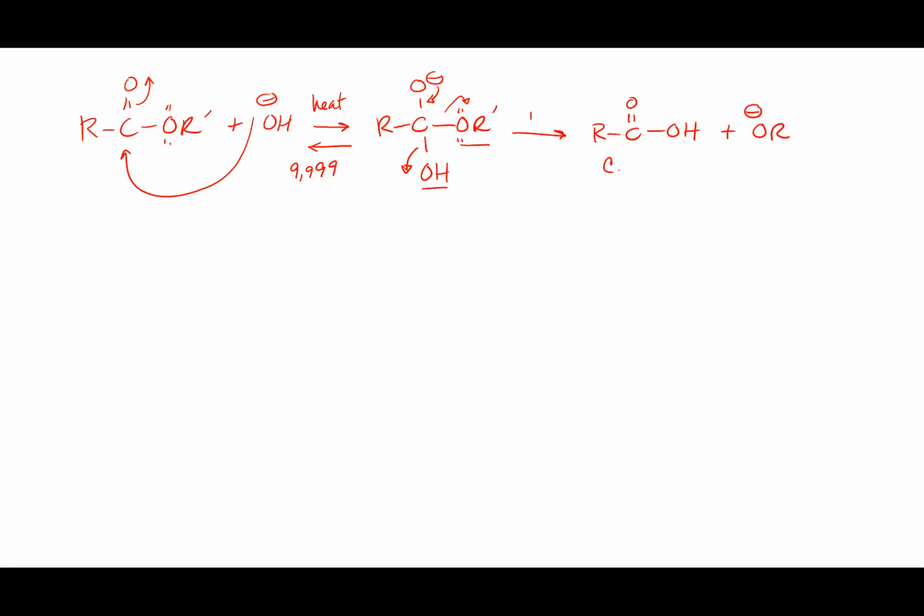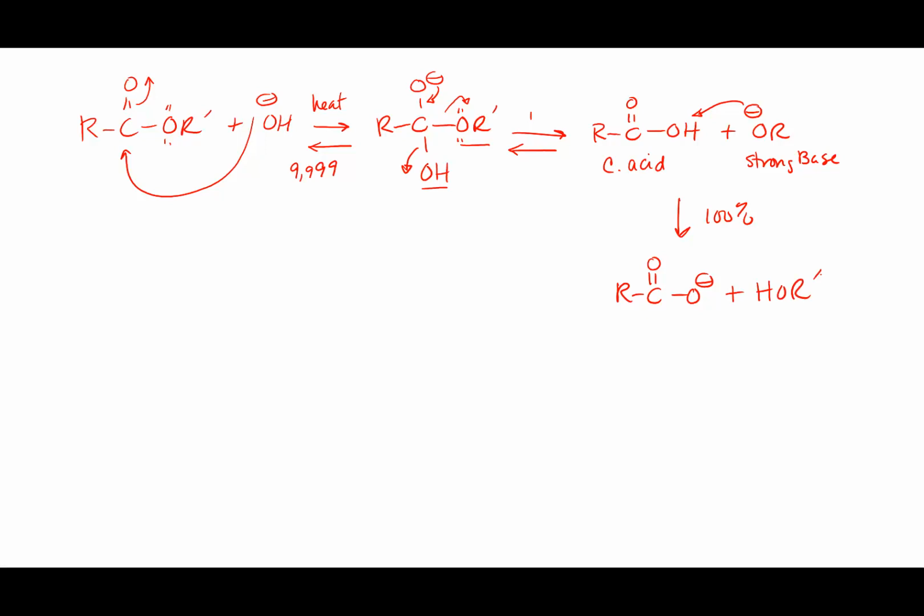We have a carboxylic acid reacting with a strong base, and I can write the equilibrium here, won't matter. That strong base, the alkoxide, is going to immediately deprotonate the carbonyl, and that's going to happen 100% of the time, so that I'm going to end up with a carboxylate and now my alcohol.